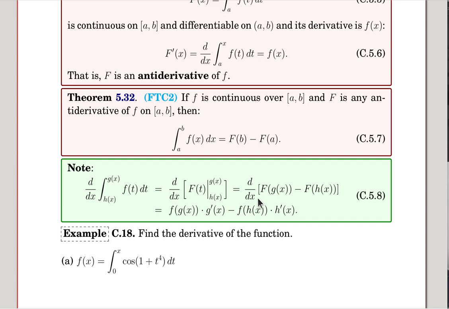Now we try to take the x derivative. Then by the chain rule, we get capital F prime of g of x times g prime of x. Once you apply the derivative here, that can be changed into capital F prime of g of x, and here g prime of x. Now capital F prime is a small f, so that we reach this one. In the same way we reach that one. So for this form, we have this formula.